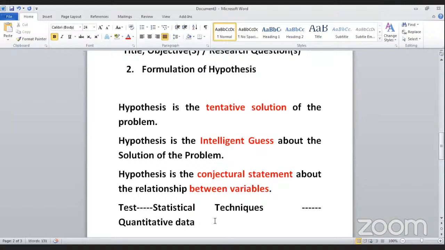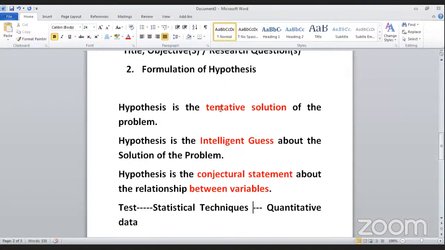Now, please listen carefully. If you do not have quantitative data, then you cannot analyze with the help of a statistical technique, and then you cannot test the hypothesis, and then you cannot formulate the hypothesis.